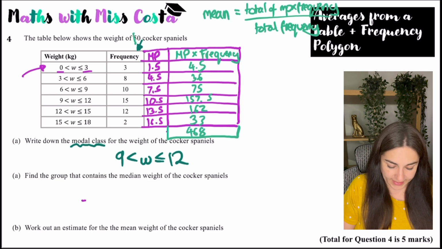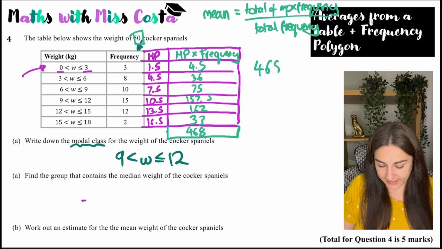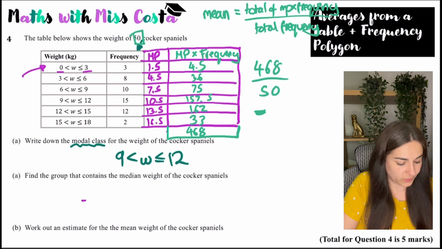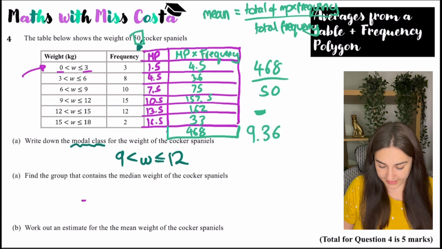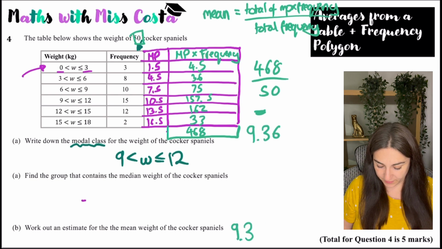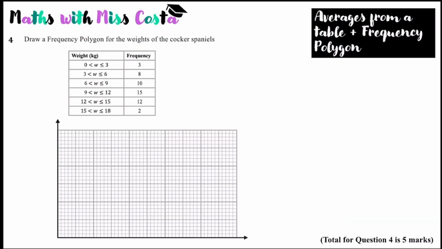And the total frequency is 50. So 468 divided by 50 equals 9.36. So the mean weight, an estimate for the mean, is 9.36.